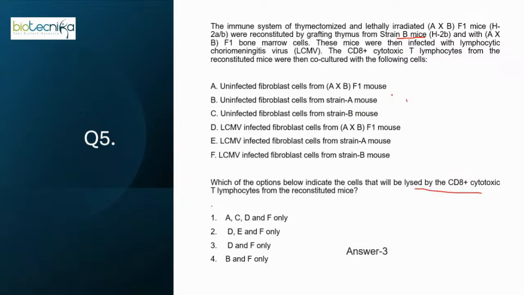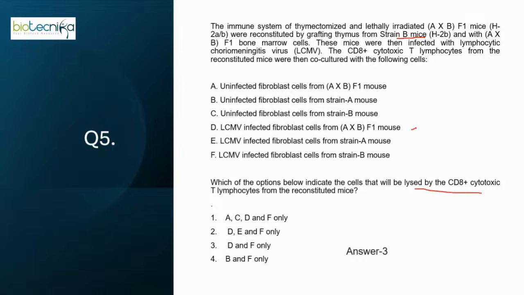Let me write it down. This one. Okay. AB F1 infected fibroblast. Here you will see the H2A, H2B present. Okay. So that contains H2B. So therefore, what will happen? It will be lysed.